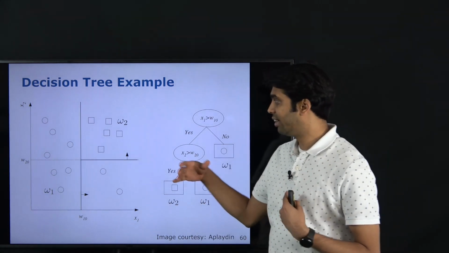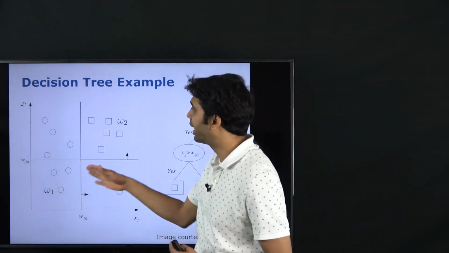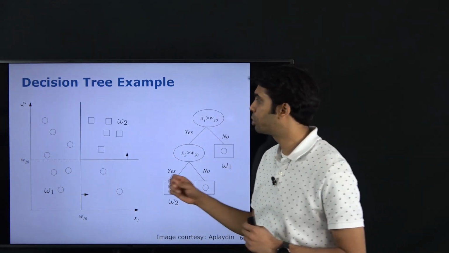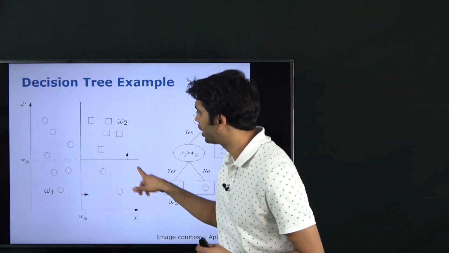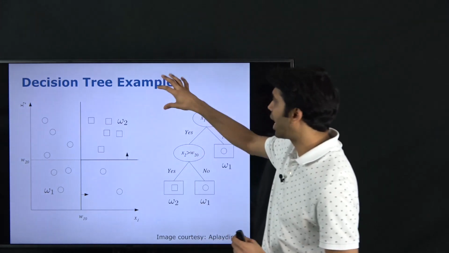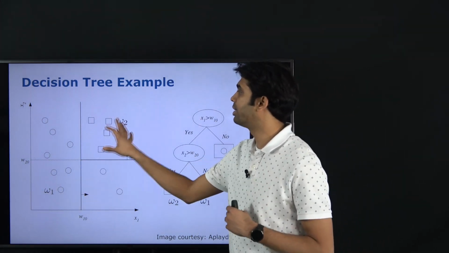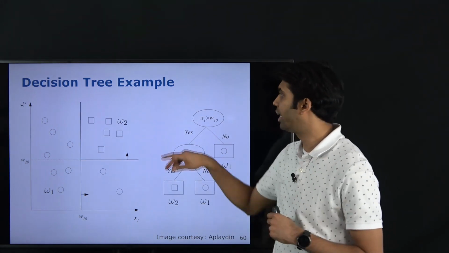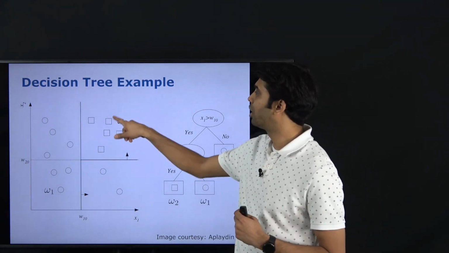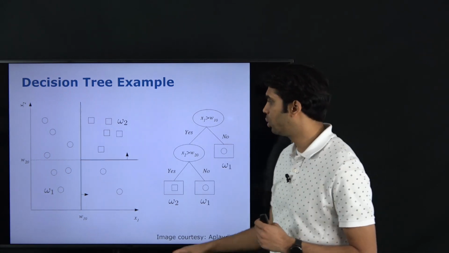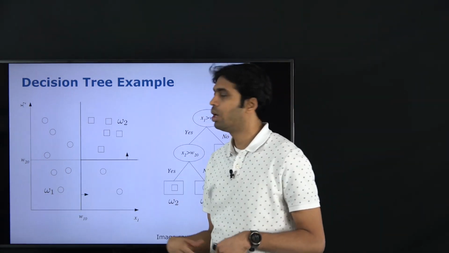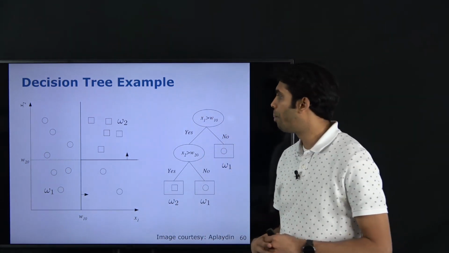So this is equivalent to breaking up or splitting my space into this region down here and this right corner region up here, into the regions for, let's say, the circles and the squares respectively. So anything that falls in here should correspond to the class omega 2, whereas anything that falls in here would correspond to the class omega 1.